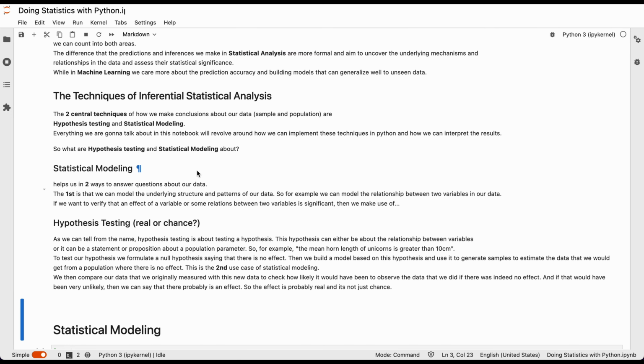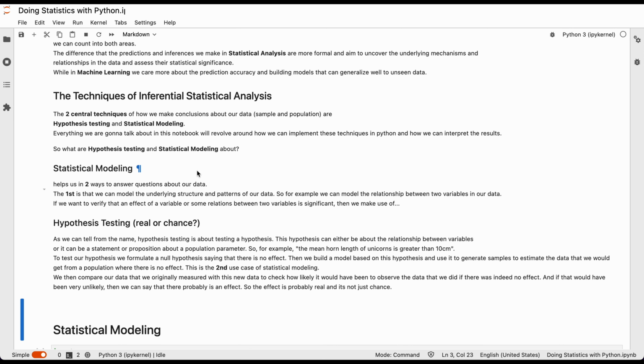And now in machine learning, we care more about the prediction accuracy and building models that generalize well to unseen data. And usually also the models we have in machine learning are more complex, so they are able to capture more complex relationships and patterns. But as the complexity rises, it also becomes harder to interpret our results and also difficult to know what the actual relationships are. Okay, so let's get started with inferential statistical analysis.